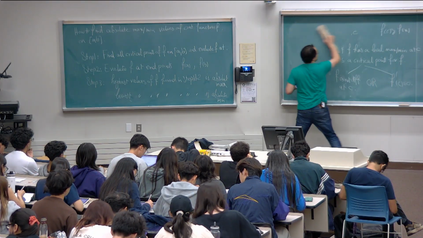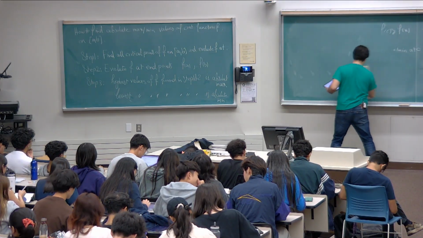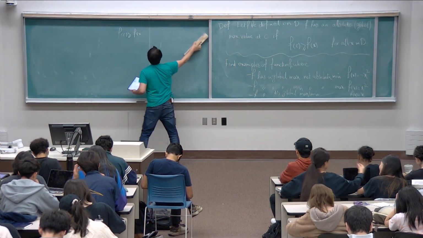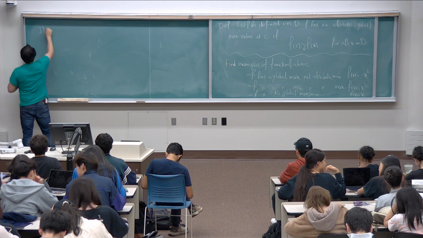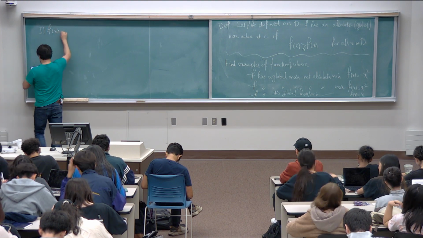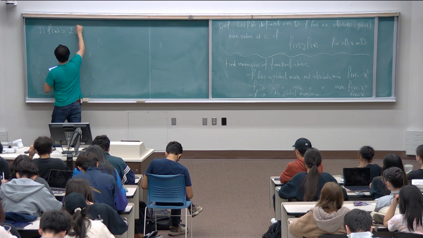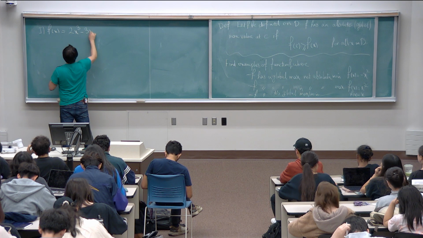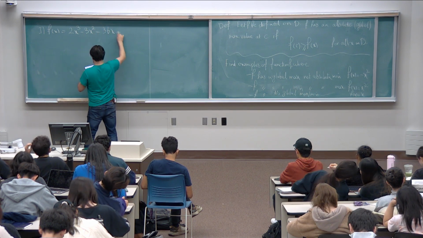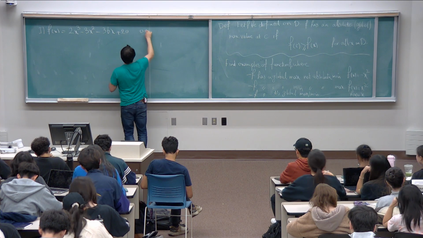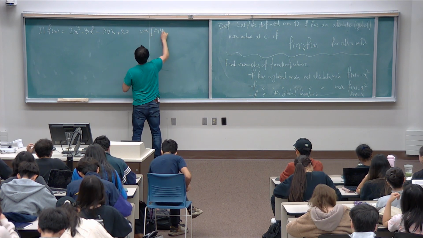Find absolute max and min values of the given functions on the given intervals. The first function is f of x is 2x cubed minus 3x squared minus 36x plus 20 on the interval 0 to 4.